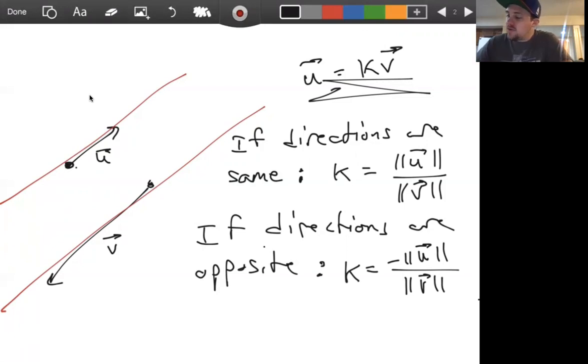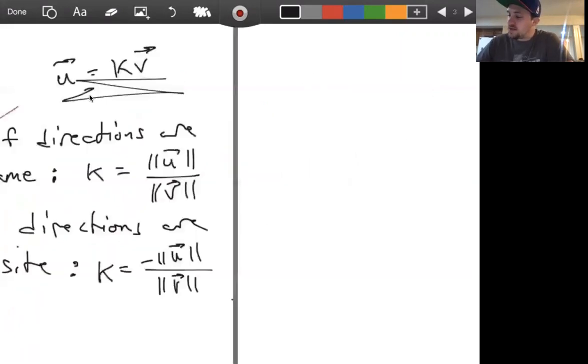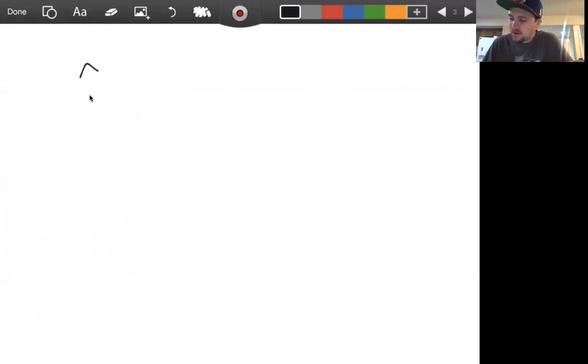And we want to use this notion of parallel vectors to come up with, using vectors, Cartesian equations for a line. And so let's look here now in 3 dimensions. Here's how we can define an equation for a line.